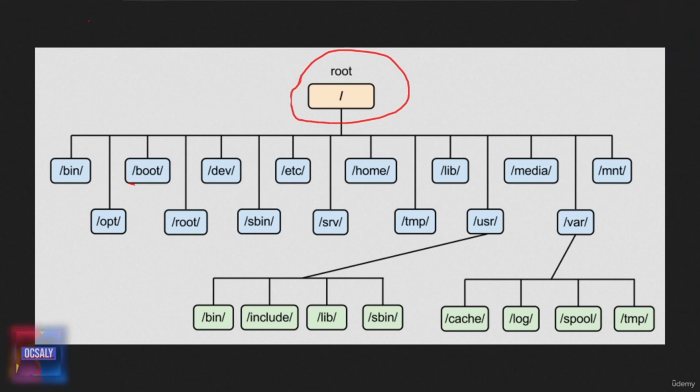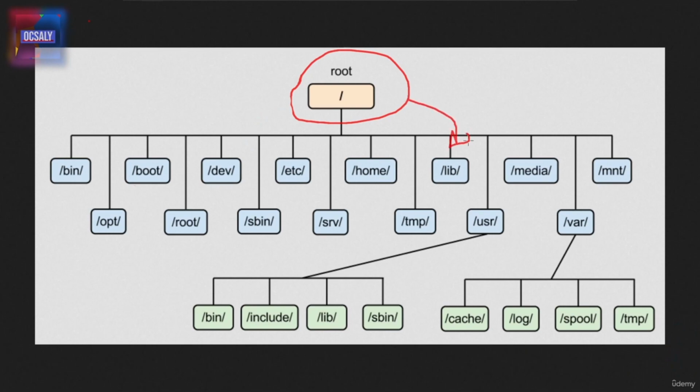We also have the dev directory. This is the device directory where Linux creates device nodes, which you will learn about with examples in the next lectures. We also have the lib directory.